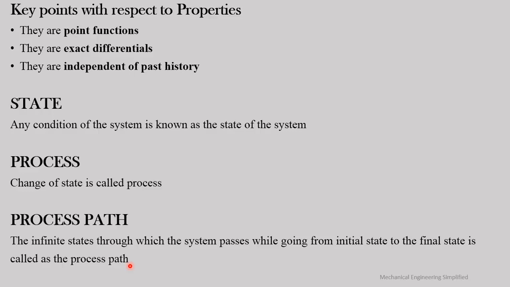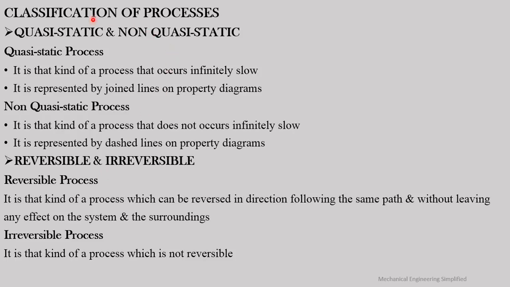The process path can be a constant pressure path, constant volume path, constant temperature path, adiabatic path, anything can be there. That would be specified as the path. But the infinite states through which the system passes while going from initial to final state is known as the process path.